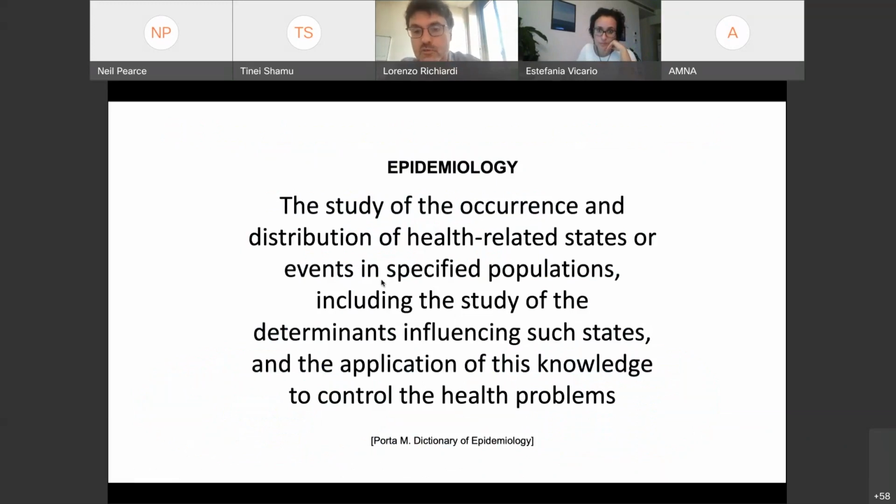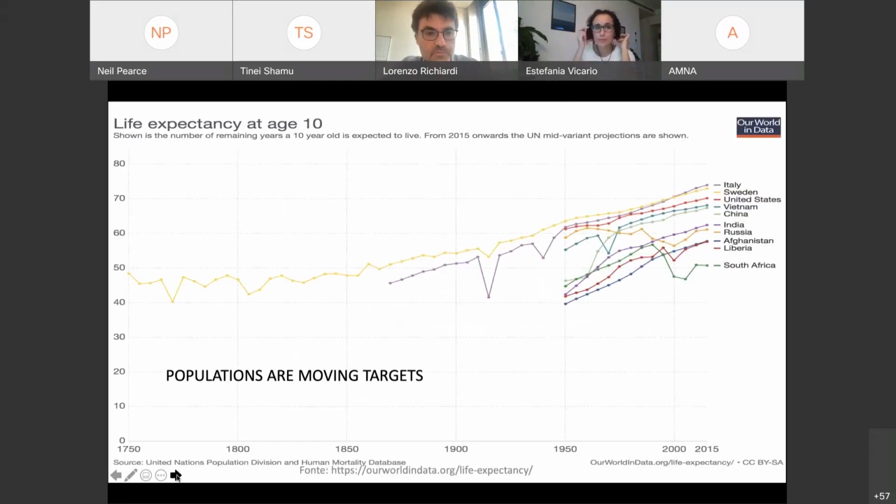So again, also in this definition, the context is really relevant. We study the health of people in a given population. And there will be plenty of time to rediscuss this issue during the course, and I'm sure we will make it clear through examples that this is really happening when we do epidemiology.